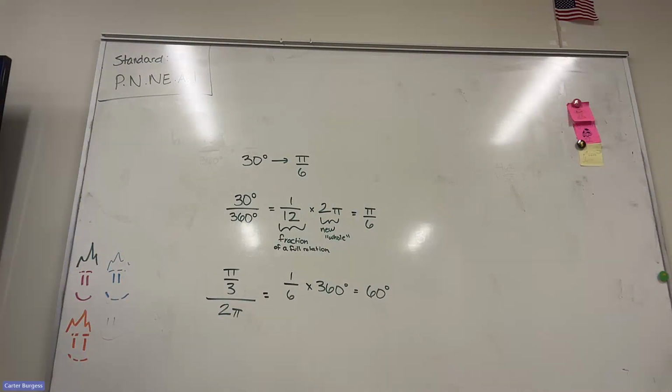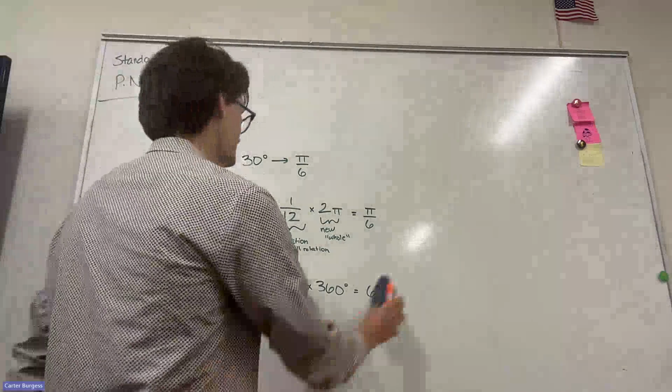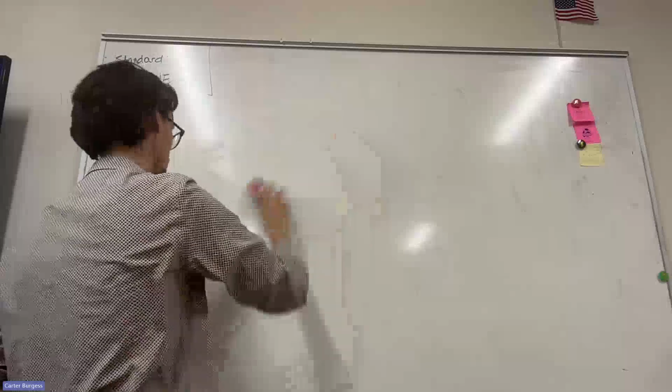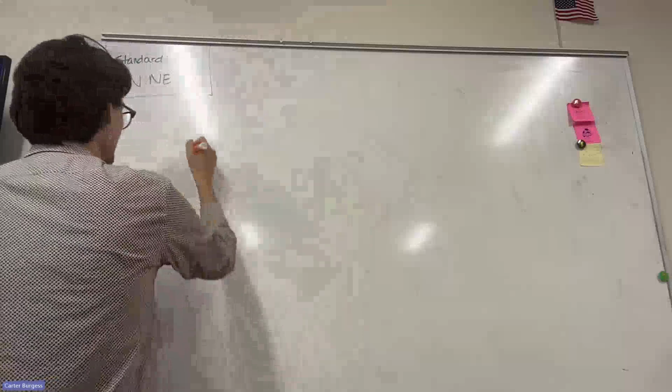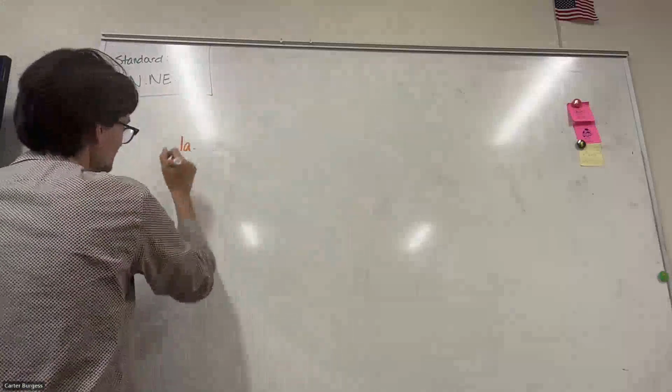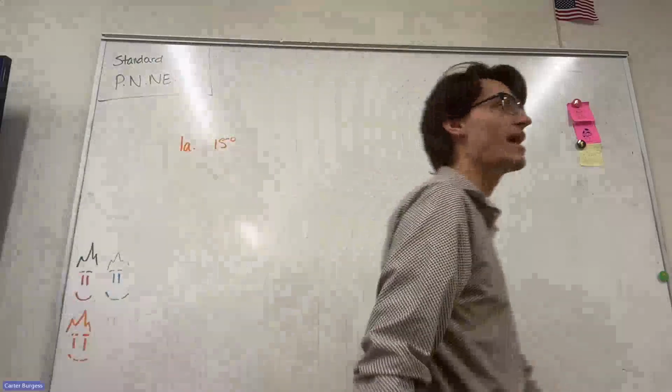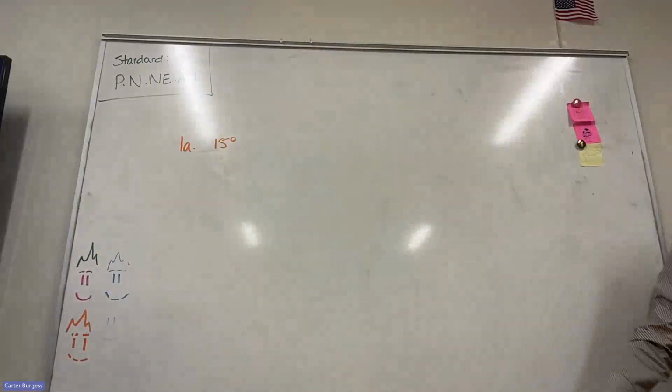Example 2, vice versa, we'll be doing the opposite. So looking at 1A, we are given 15 degrees, trying to figure this out in terms of radians.